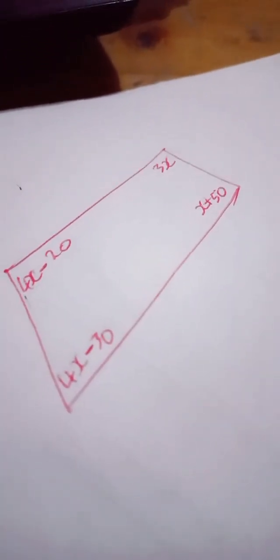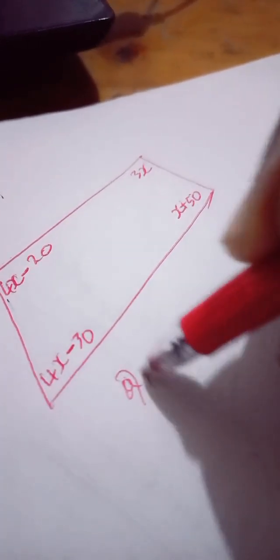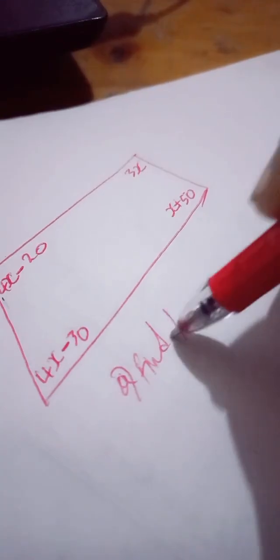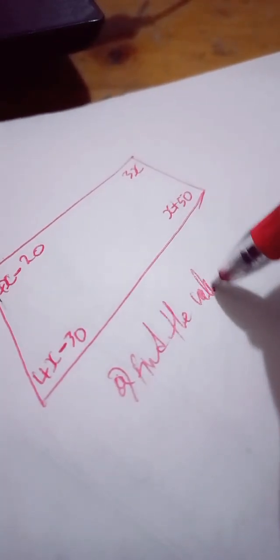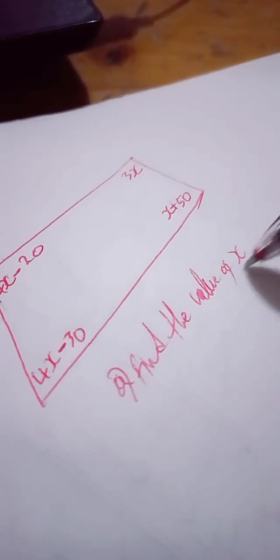You're given this question and they say find the value of x. Remember, our four angles add up to 360. It's a quadrilateral.